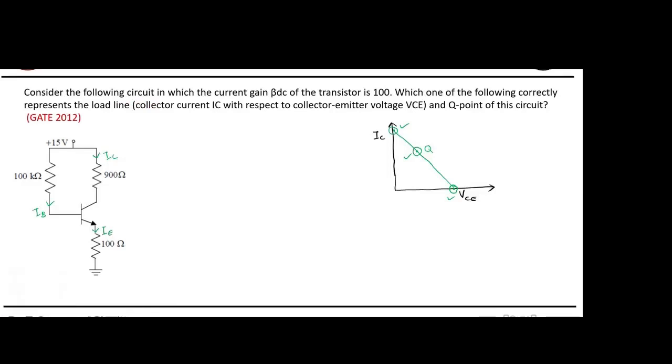Okay. Because if I take this loop, I will have the information of IC and VCE. Yes or no? Yes, sir. Okay, can someone tell me the equation?